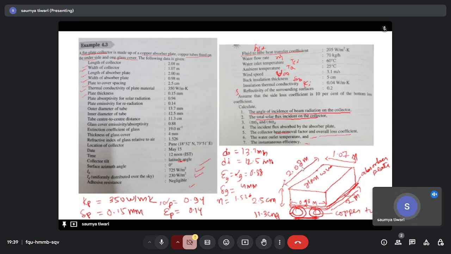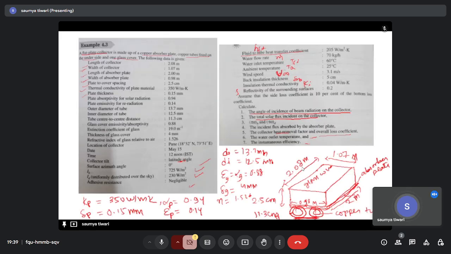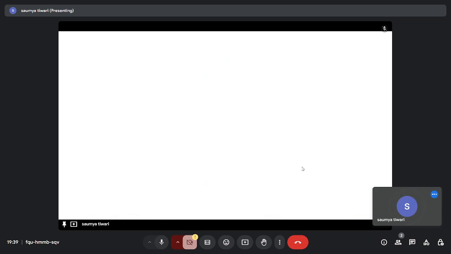Okay, let's see this question. The day that has been mentioned is May 15th, right? So let's start from here. First, we'll calculate the angle of incidence of beam radiation. To calculate it, we first need to know all the angles.